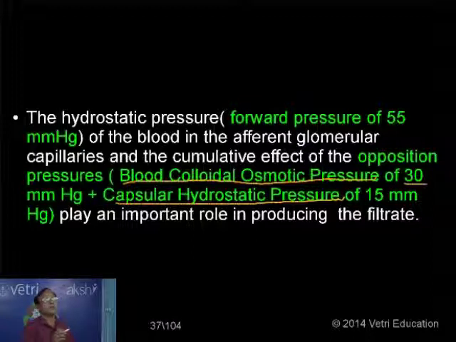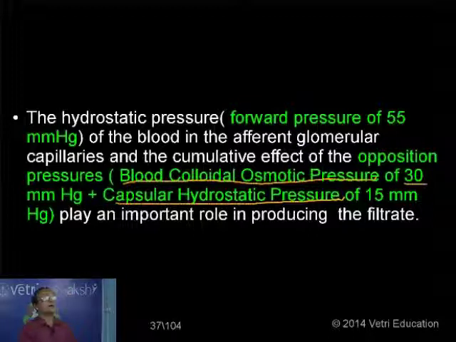So the hydrostatic pressure occurring in the afferent arteriole is called the forward pressure. It is about 55 millimeter mercury. And there is a cumulative effect of opposition pressures, two pressures together operating against this forward pressure. One is the BCOP, blood colloidal osmotic pressure, about 30 millimeter mercury.